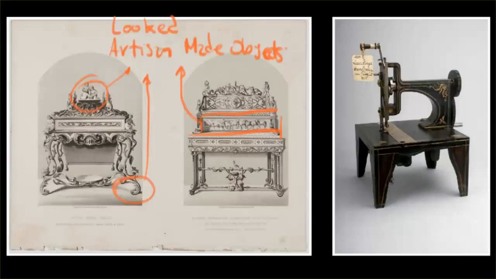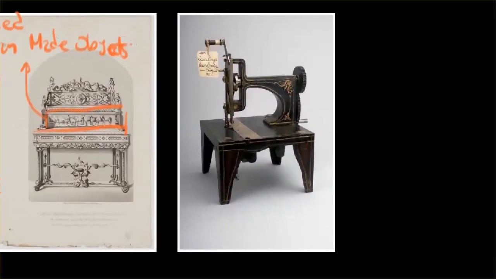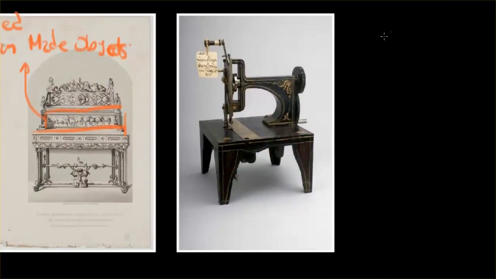occasions mass produced. But on this fair, we start to see objects that are specifically suited for mass production, for industrial production. For instance, this sewing machine from Singer, from a U.S. manufacturer, it was designed to be produced on an industrial level.